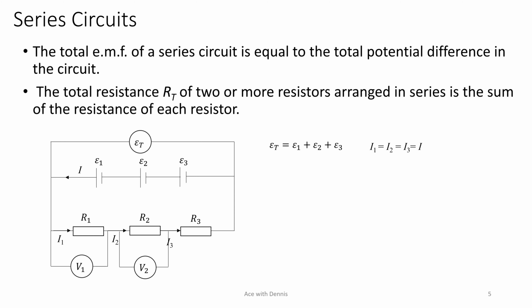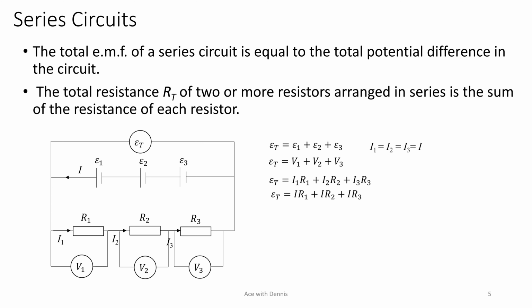When we measure the potential difference across these three resistors, the sum of the potential differences V1, V2, and V3 is equal to the total EMF. From Ohm's law, V equals IR. So V1 is I1 R1, V2 is I2 R2, and V3 is I3 R3.